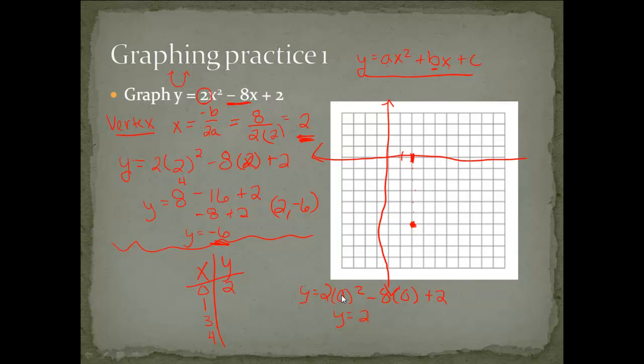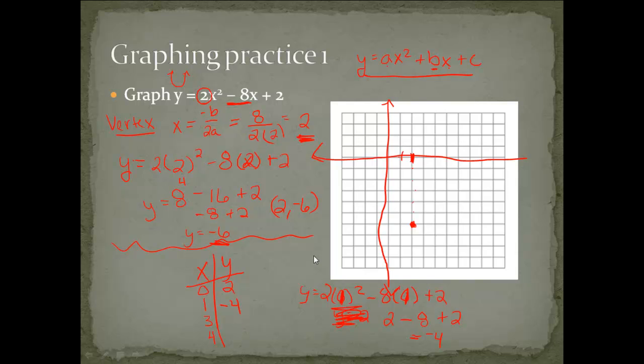Instead of zeros, I'll have 1s in here. 1 squared is 1, times 2 is 2. 8 times 1 is 8, so I have 2 minus 8 plus 2, and we end up getting negative 4. So when x is 1, y is negative 4.